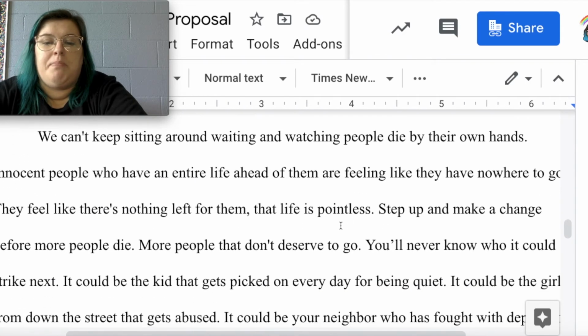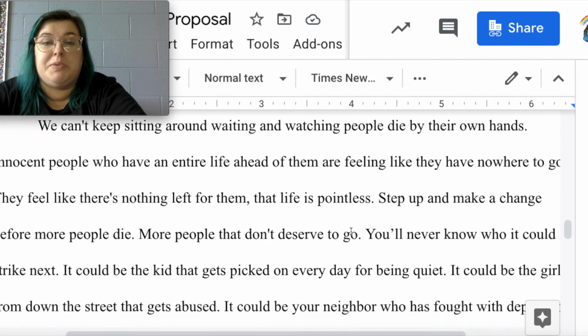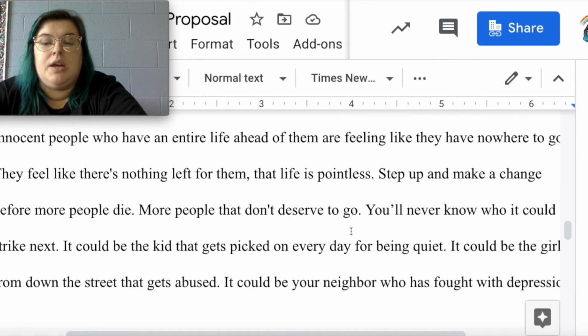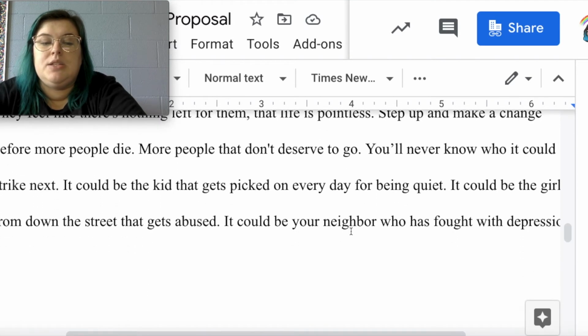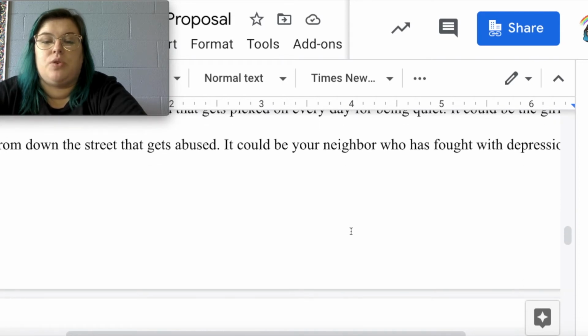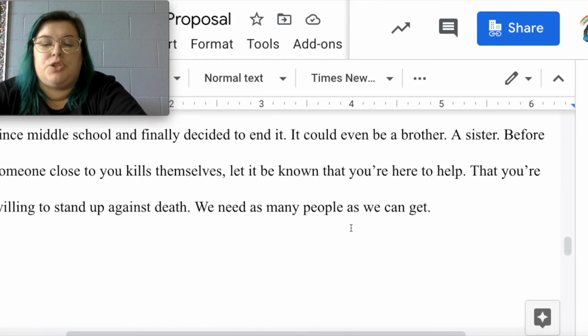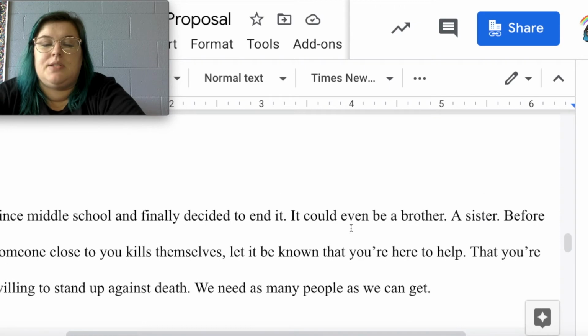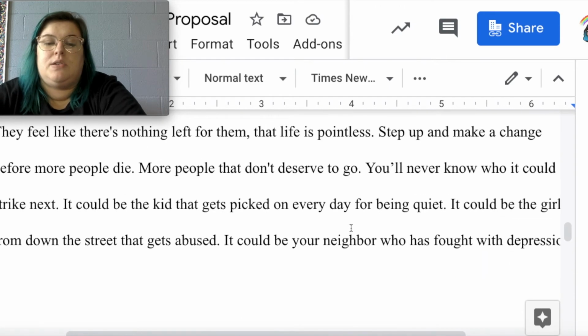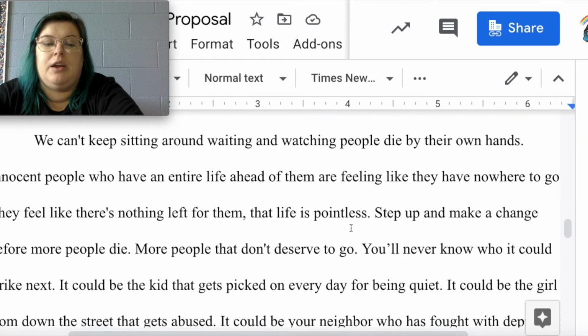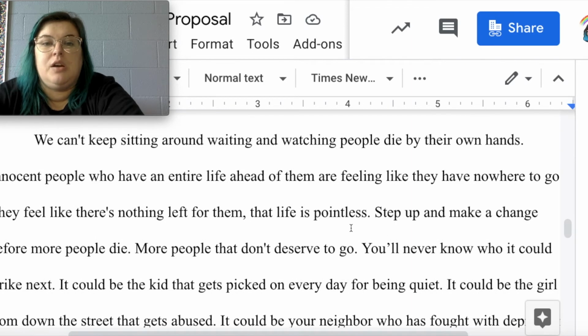Now, my one criticism of this particular student sample is that she doesn't really talk about counterclaim as well as she should have. And what that means is she doesn't address how people on the other side, so people who don't think that suicide and mental health issues are a big deal, because there are people out there who don't think that.